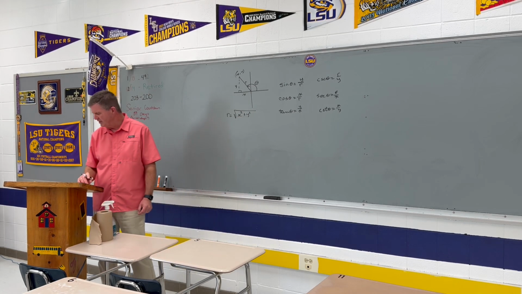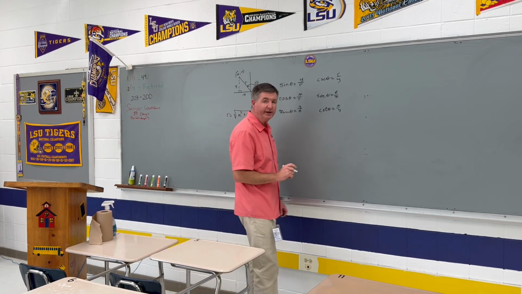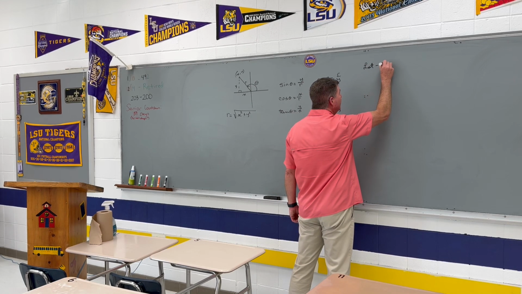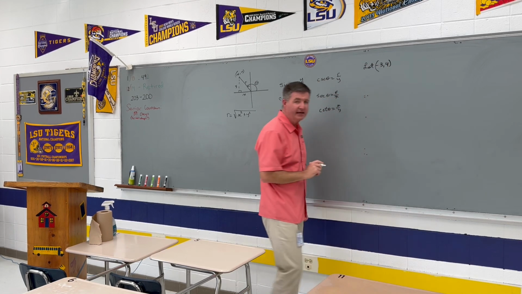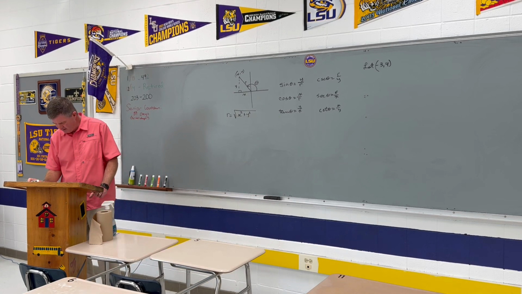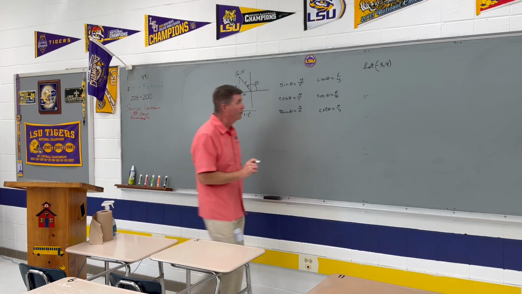On the first question it says, let negative 3 comma 4 be a point on the terminal side of theta. It then says, find the trig functions sine, cosine, and tangent for theta.